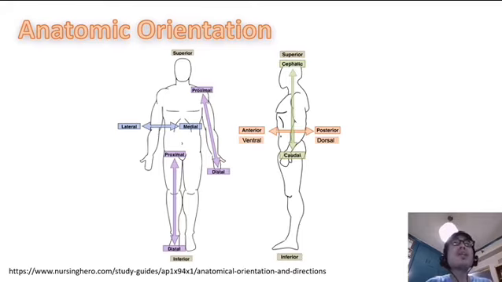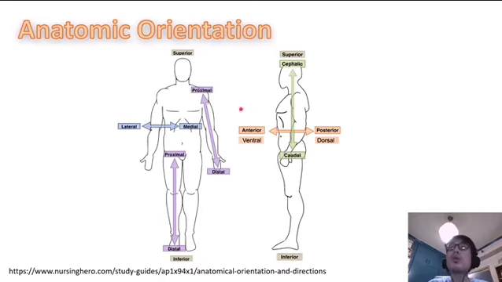Finally, having learned the anatomic position and the anatomic planes, we can now talk about anatomic orientation. Superior, also called cranial, refers to an orientation towards the top of the body. Inferior or caudal refers to towards the bottom of the body.